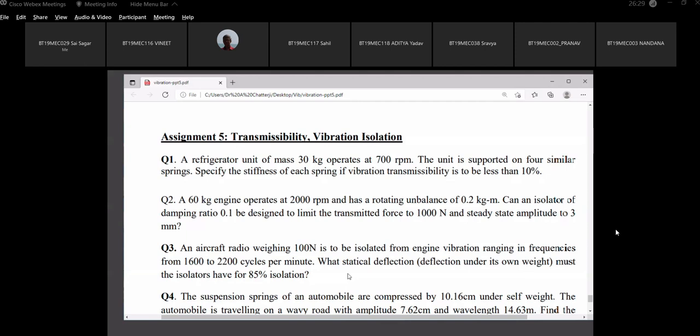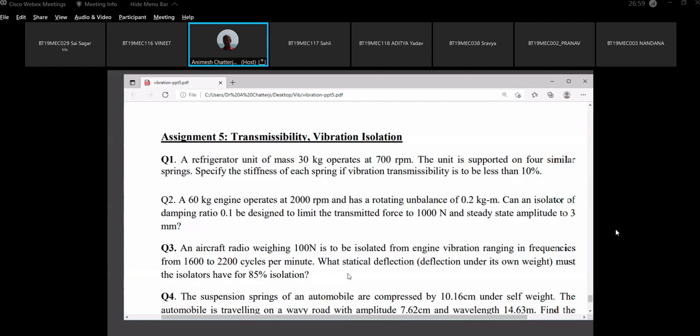So can anybody suggest, but before that, static deflection. This is there in the question. Static deflection means the deflection under its own weight. So we are asking how much should be 100 Newton by K. So you have to find out K first.